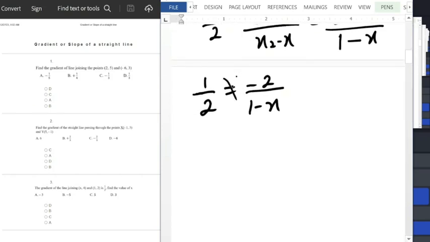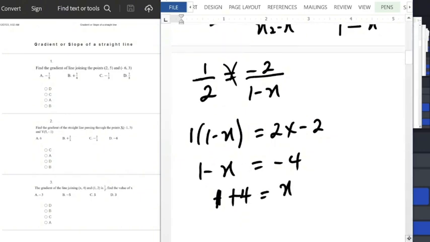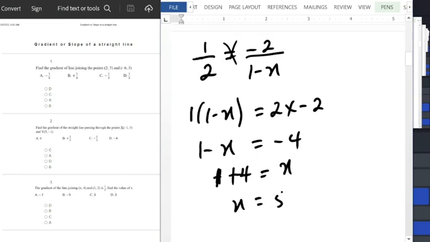From here we cross multiply: 1 times (1 minus x) equals 2 times -2. So this is going to give us 1 minus x equals -4. So the next stage is 1 plus 4, that is coming, then this will become x. So that means x equals 5. That's option C. That is it on question number 3.